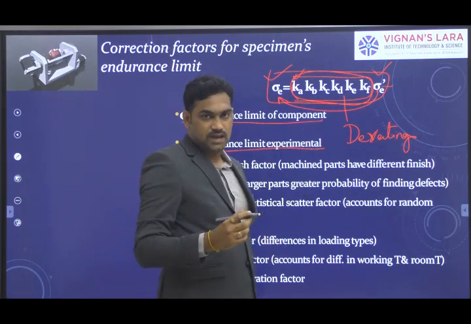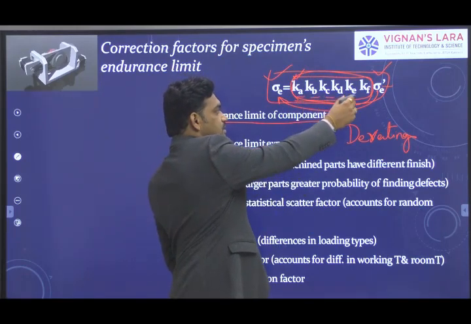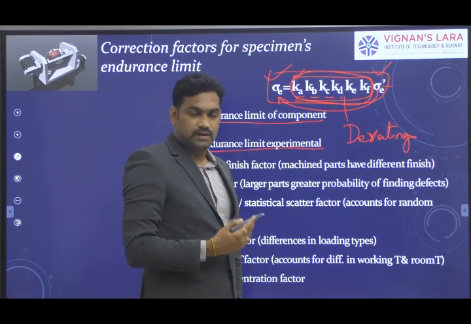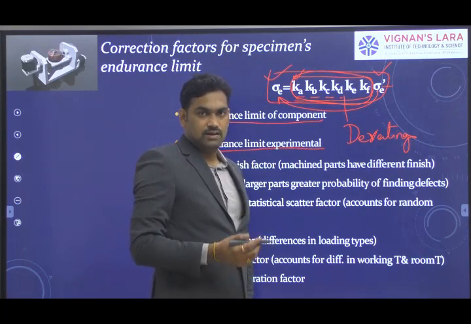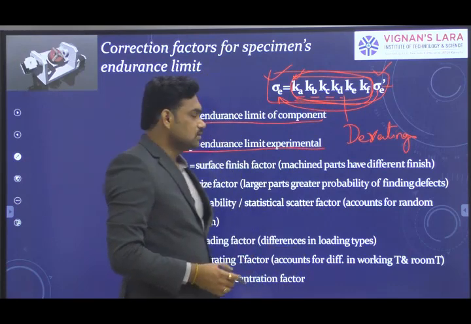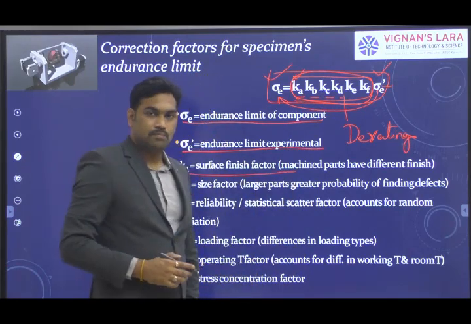In the suffix of K, we can have different notations: A, B, C, D, E, F. Different designers can use different notations, but K is a derating factor, and we vary it by means of the suffix. Here I can take Ka as the surface finish factor, based on the surface finish of the machine parts.